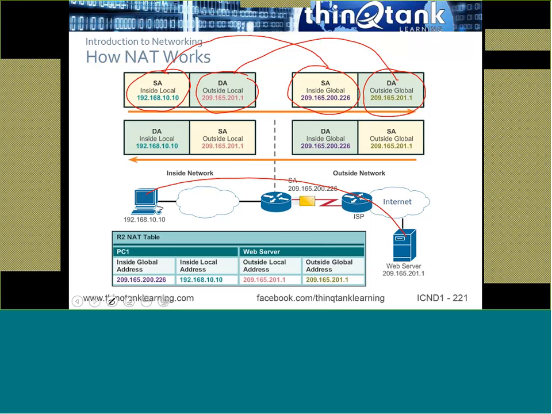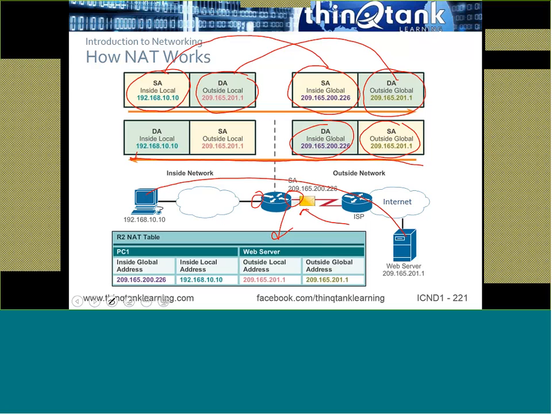On the reverse side, traffic flowing back in, okay, the router, and actually I should have mentioned this before, the router has a configuration on the interfaces to let the router know these interfaces are participating in NAT. So when traffic hits this outside interface, because the router knows it's participating in NAT, it references its translation database and looks to match things like the source address and the destination address.